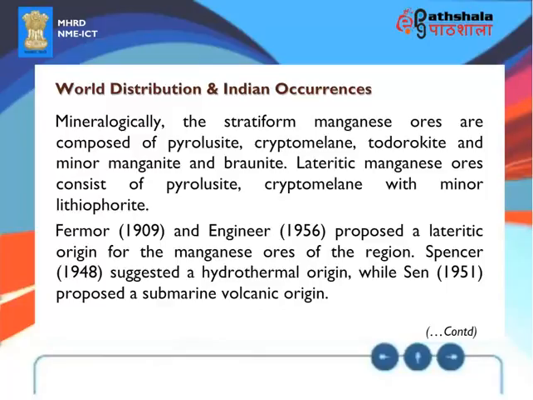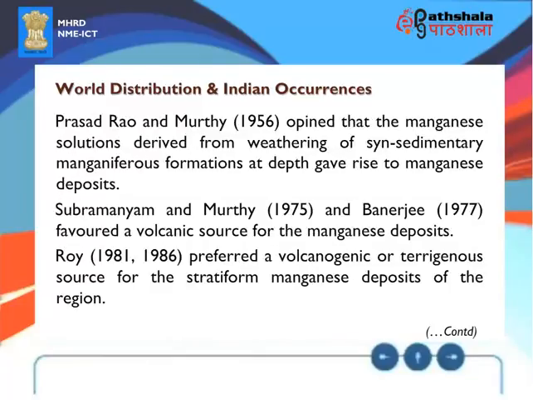Fermor, an engineer, proposed a lateritic origin for the manganese ores of the region. Spencer suggested a hydrothermal origin, while Sen proposed a submarine volcanic origin. Prasad Rao and Murthy, 1956, opined that manganese solutions derived from weathering of syn-sedimentary manganiferous formations at depth gave rise to manganese deposits.